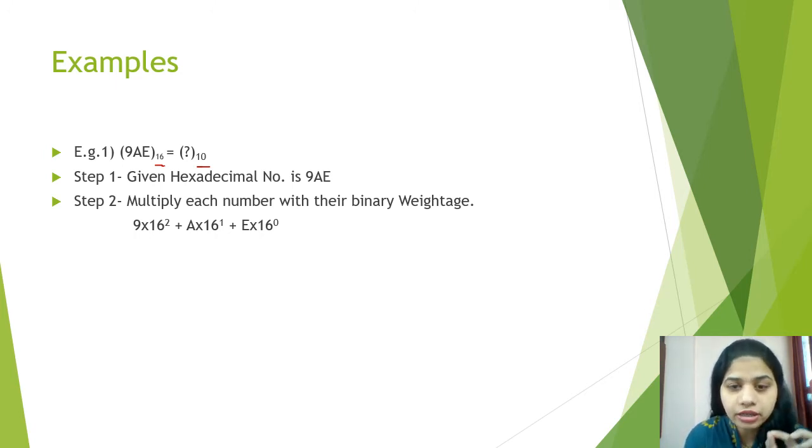I have already told you that we have to multiply by the power of 16 depending on the place of that particular digit. So E is on the units place, so it is 16 to the power 0. Then the next place is 16 to the power 1, so A is multiplied by 16 to the power 1, and the next one is 16 square, so 9 is multiplied by 16 square, and so on. It will increment.